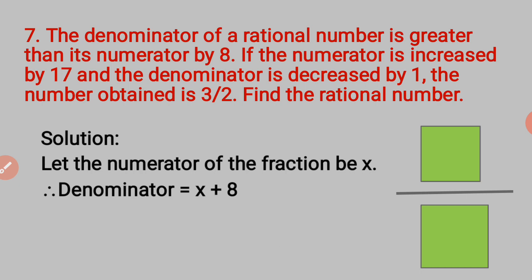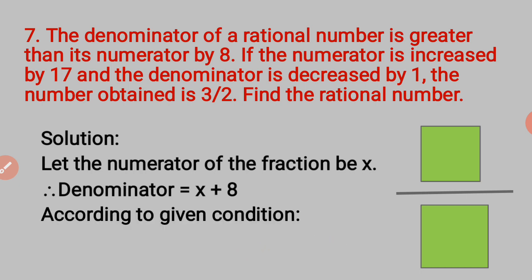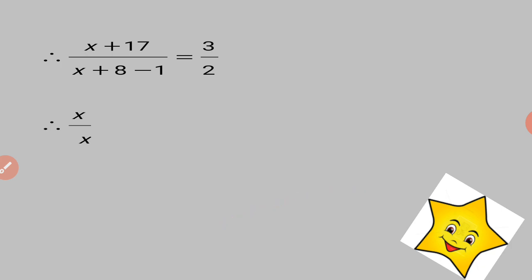That is how the fraction will be. So according to the given condition, in the numerator we have added 17, in the denominator we have subtracted 1, and it is equal to 3 by 2. So let us solve it out. The denominator becomes x plus 7. The next step is cross multiplication, because on both sides you have one term only.